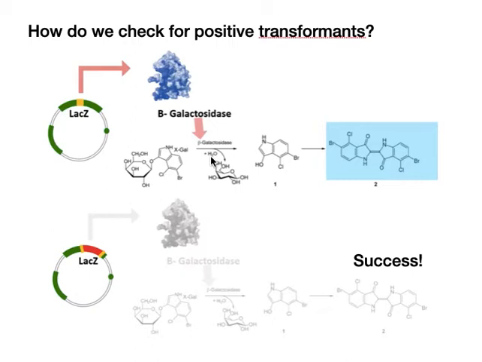So what happens once this ring is removed from the rest of the X-gal? When this bond breaks, it will turn a blue color. Our colonies will become blue. This is true if there is no insert.